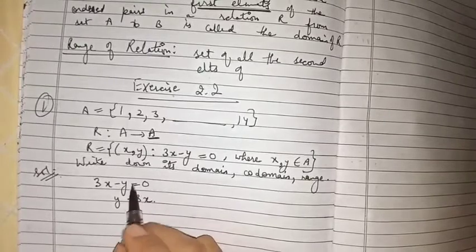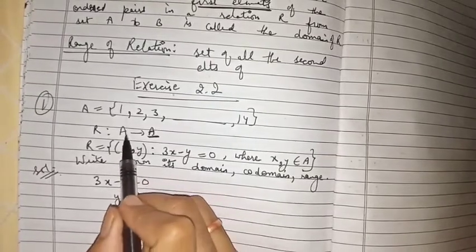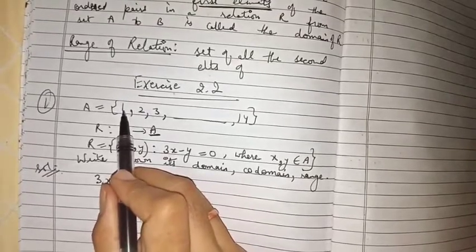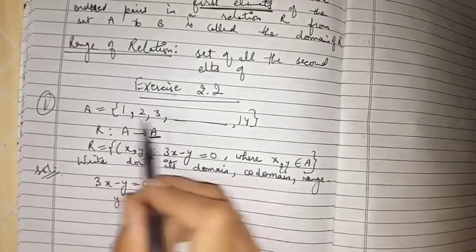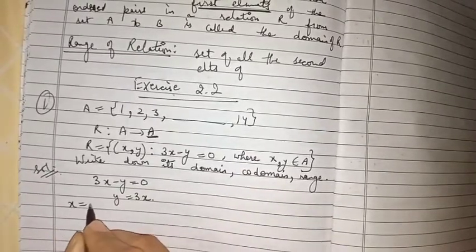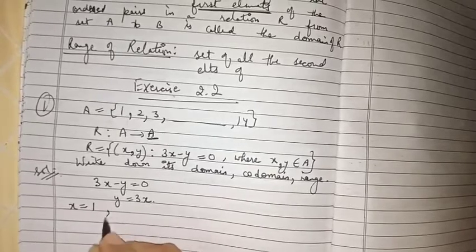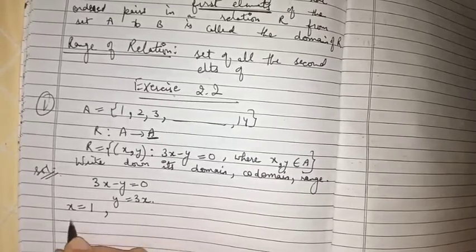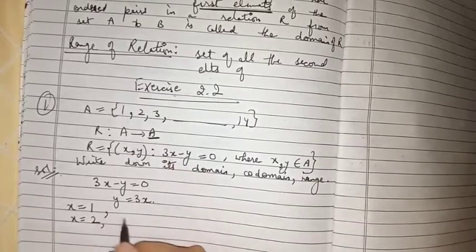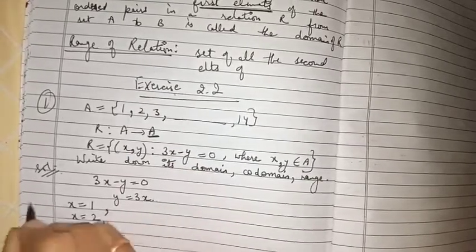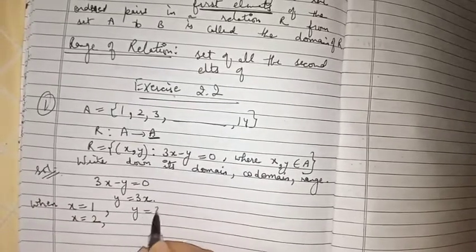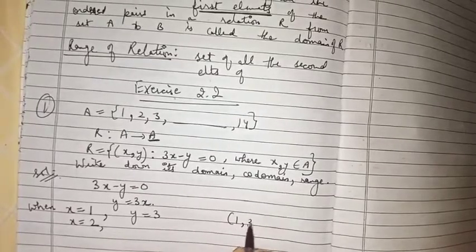X and y will both be taken from the set A, and set A starts from 1 and ends at 14. So I can put x starting from 1 and easily find the values of y, putting the values of x accordingly from the set A. When x is 1, y is 3, so I can write the pair (1, 3).